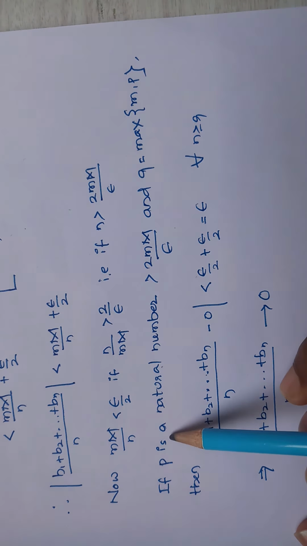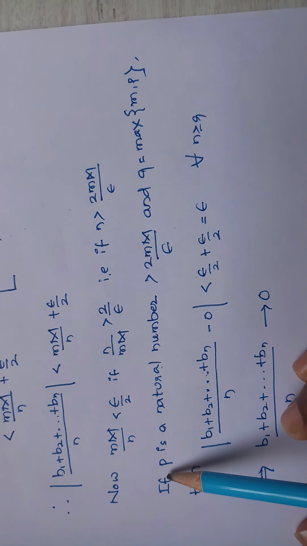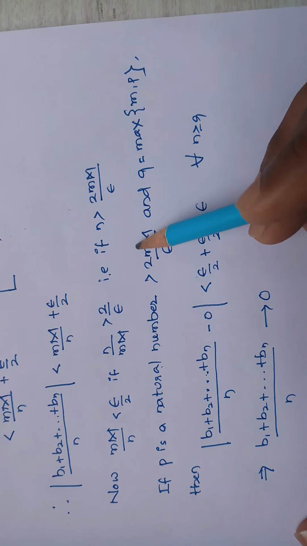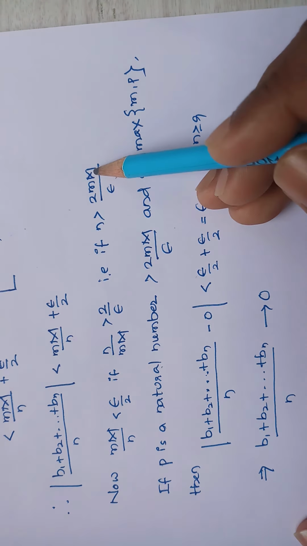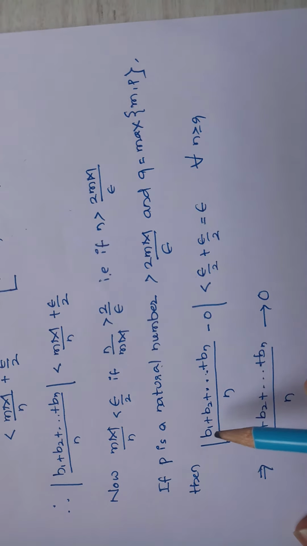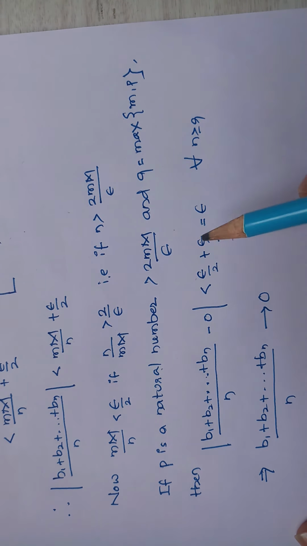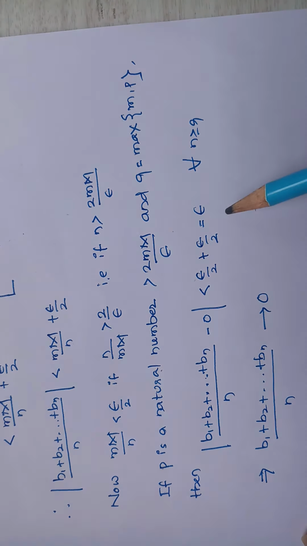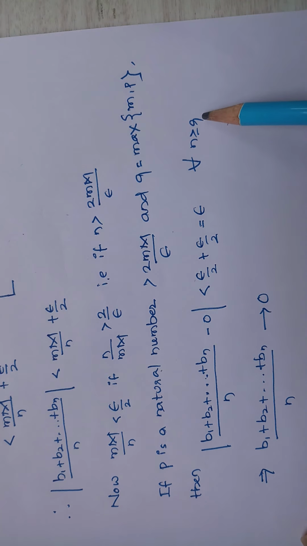Okay, so using the definition of a convergent sequence, we can write this as: if p is a natural number greater than 2mM divided by epsilon and q is equal to the maximum of p and m, then b1 plus b2 plus so on bn divided by n minus 0 is less than epsilon by 2. This is also epsilon by 2 and this is also epsilon by 2, so epsilon by 2 plus epsilon by 2 becomes epsilon, for all n greater than or equal to q.